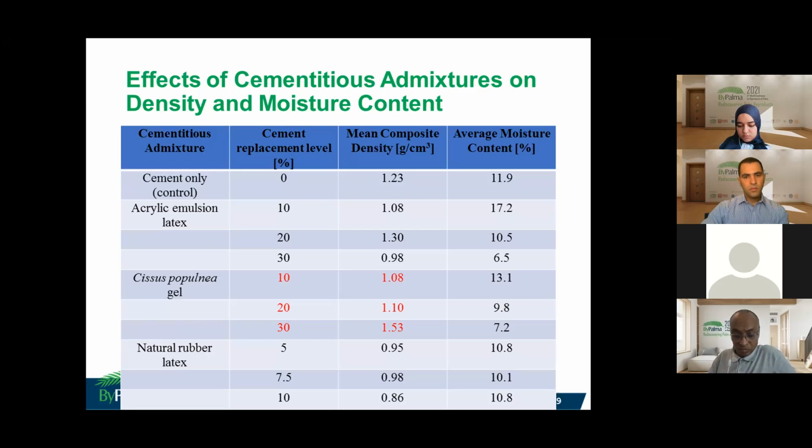Looking at the density of the products, the control sample gave a density of 1.23 grams per cubic centimeter, and the moisture content was determined at 11.9%. We can see that as we added acrylic emulsion and natural rubber latex, they reduced the density. But Cissus populnea gave us a density close to that of the control.